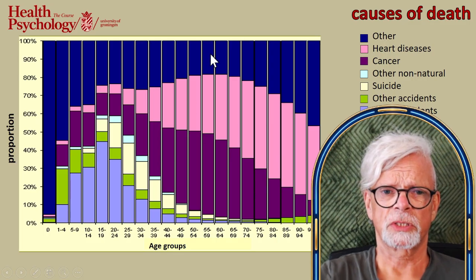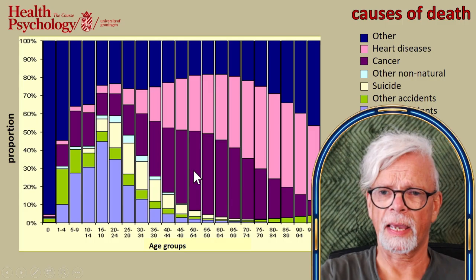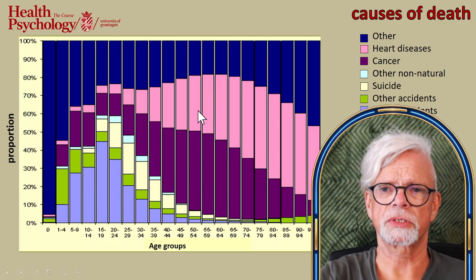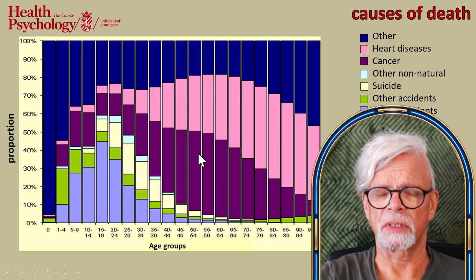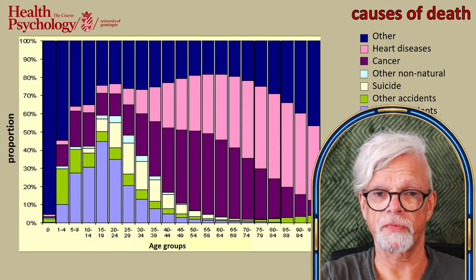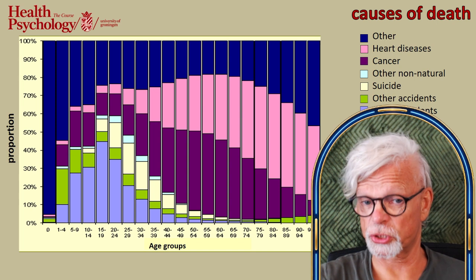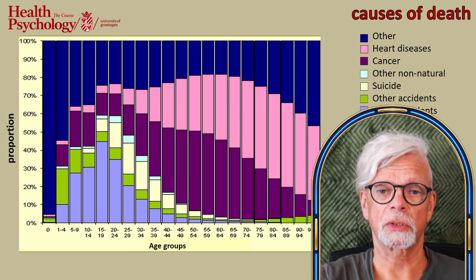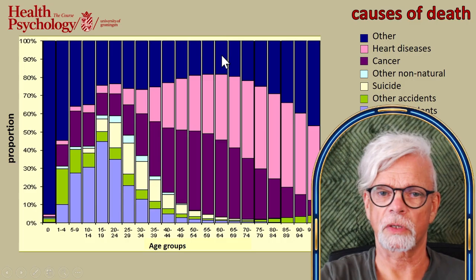Yeah. So we have those three clusters, and certainly heart diseases and cancer can be influenced by our behaviors, but also now we know nowadays to a certain extent can also influence the other categories of the causes of death.